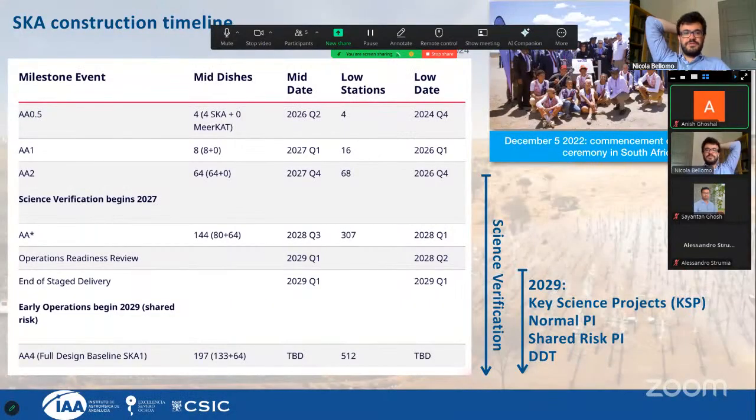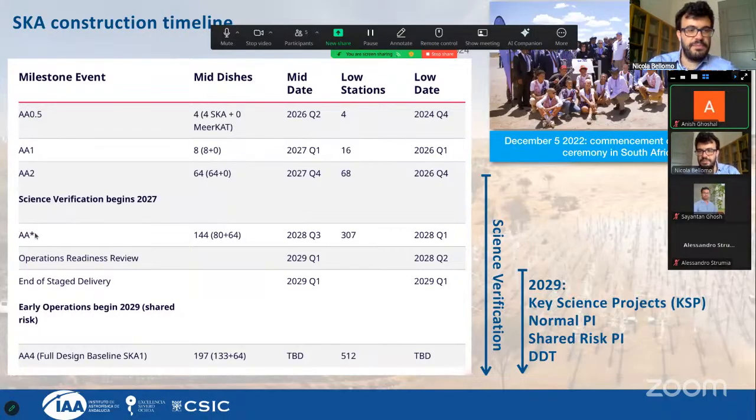In terms of construction timeline, we are at the AA0.5 stage, which has currently been completed, and we are starting to move forward to the so-called AA* configuration. The AA* is the last stage that has been fully funded.